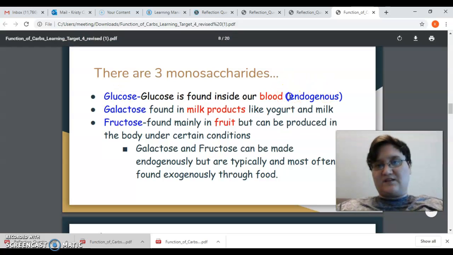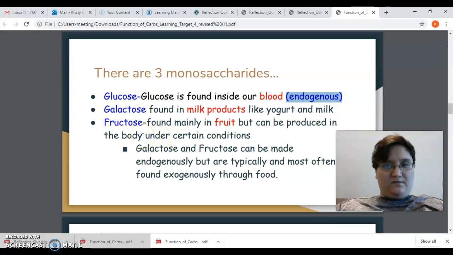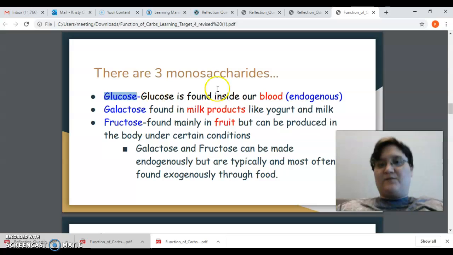They can be made inside, which is what endogenous means. But they can also be found outside our body. So all three of these technically are endogenous and exogenous. But when we're talking about glucose in this unit, I'm mostly talking about it from the endogenous perspective.